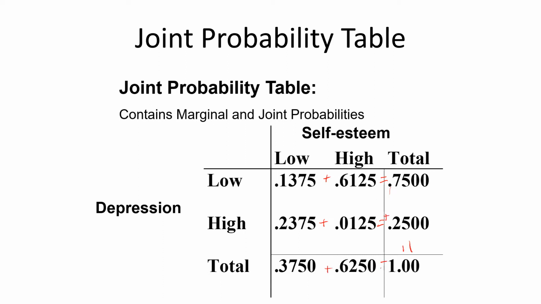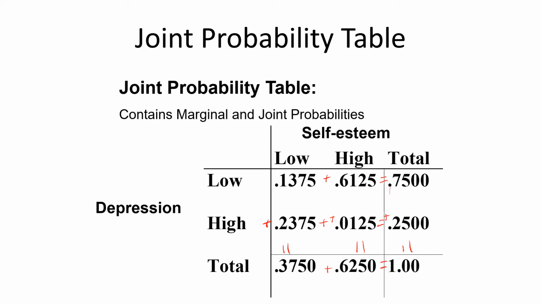This plus this equals this. If we went downwards, 0.1375 plus 0.2375 equals that. And finally, 0.6125 plus 0.0125 equals 0.6250.